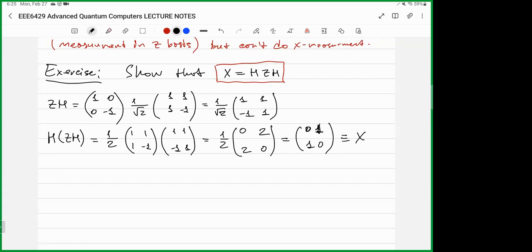Yeah, this basically means that in practice you don't need to realize all three Pauli gates. You can realize just two, and then by combining them with the Hadamard gate, you can create the third one.